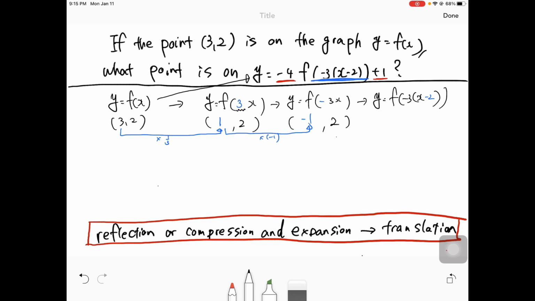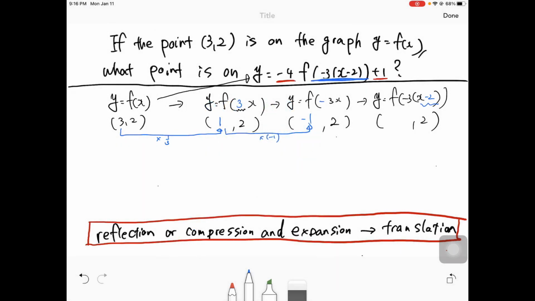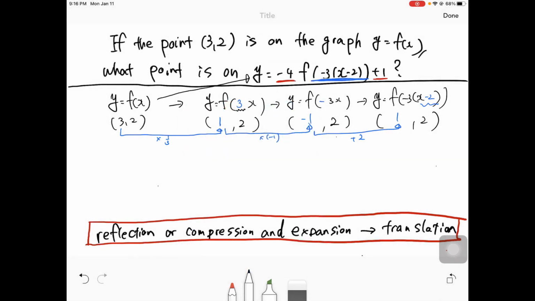First you need your reflection or compression and expansion, then you do translation. You don't need to change the y value, and if this value is negative, this means you shift right, which means +2. So -1 plus 2 is 1. Now you finished the horizontal transformation.